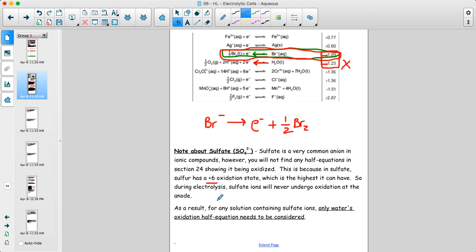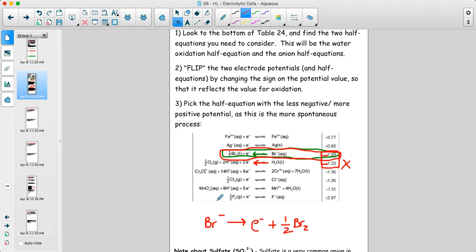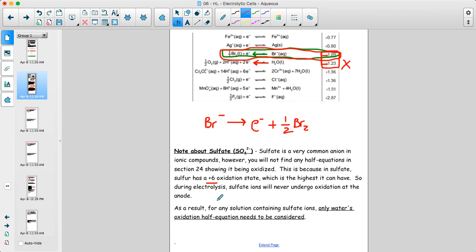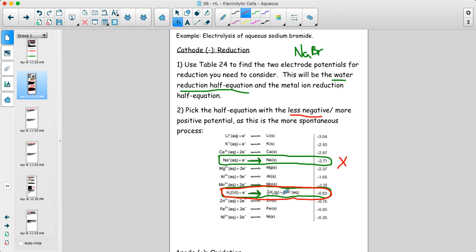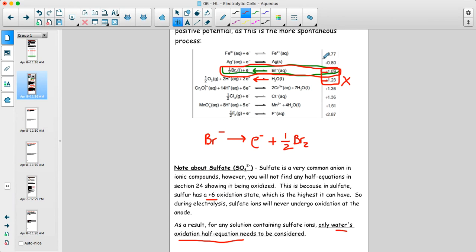So if you are doing one of these electrolysis examples where the salt has sulfate as the anion, then you don't have to look for two different oxidation half equations. You only have to look for water's oxidation half equation. So if, instead of this being sodium bromide, it was sodium sulfate, then when you did the oxidation part down here, since there is no sulfate half equation, the only half equation to consider would be the one for water.